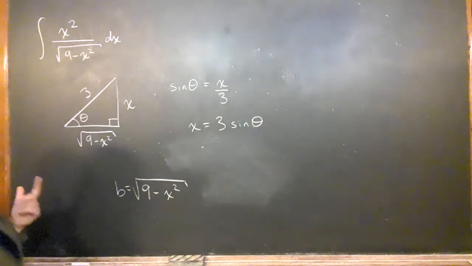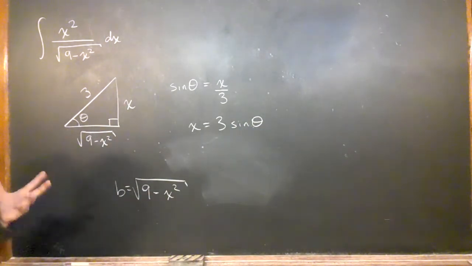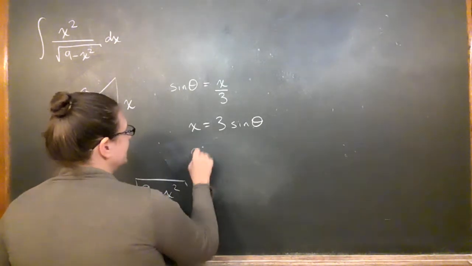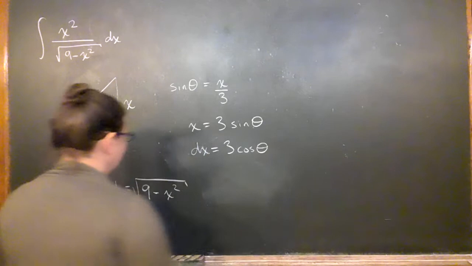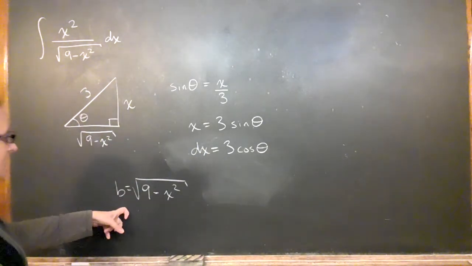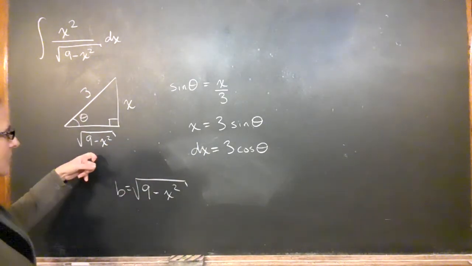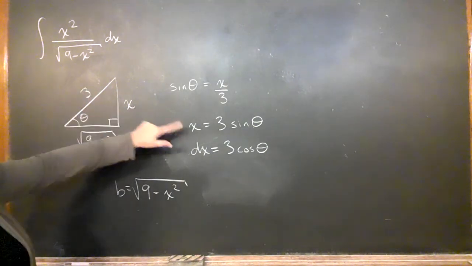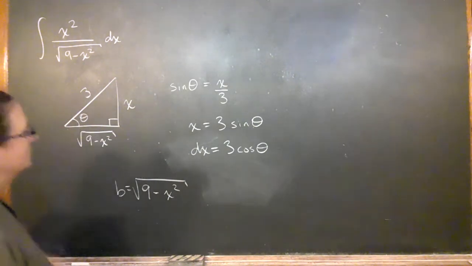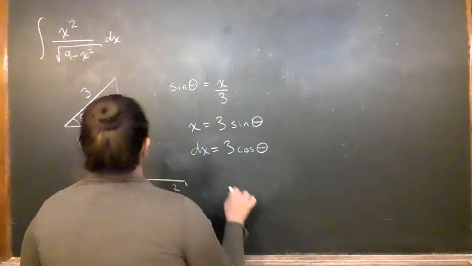And now I can substitute this in for x, but I can also substitute it for my dx. dx is 3 cosine theta d theta. Now what about this square root business? I can figure out what the square root is in two ways. I can just substitute that in, so that's a little bit of work, but that's what your book likes to do.